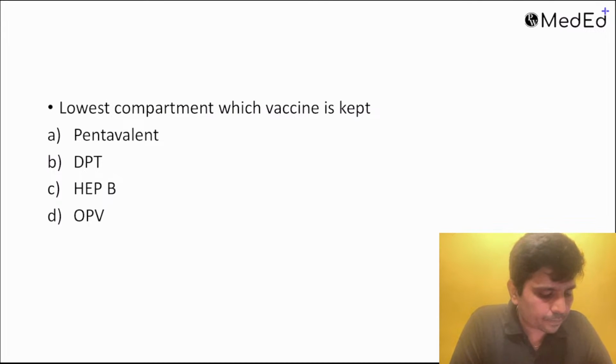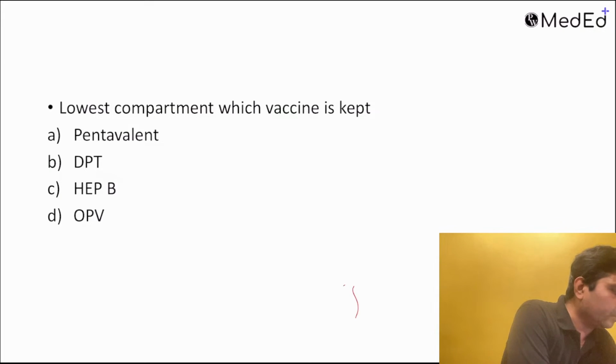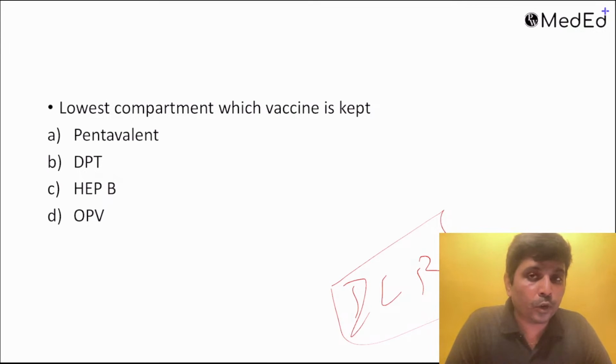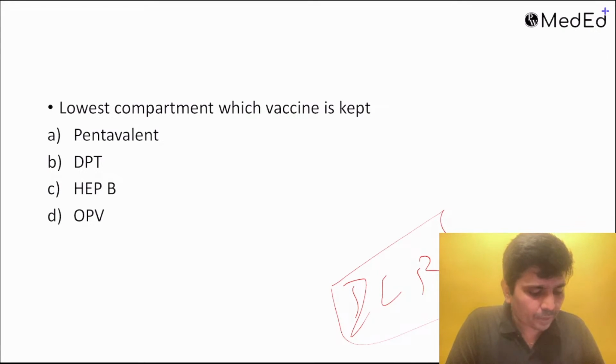OPV. Lowest compartment with respect to ILR means OPV. But lowest compartment with respect to a refrigerator means what? The answer will be the most heat-sensitive vaccine. Very good.